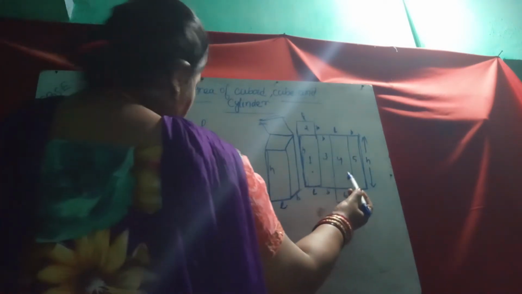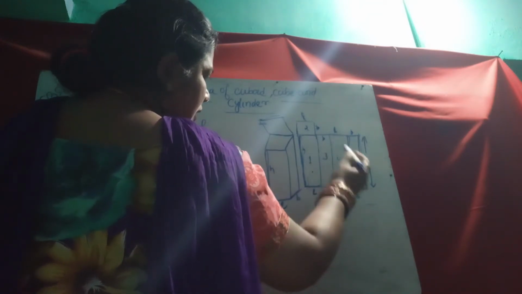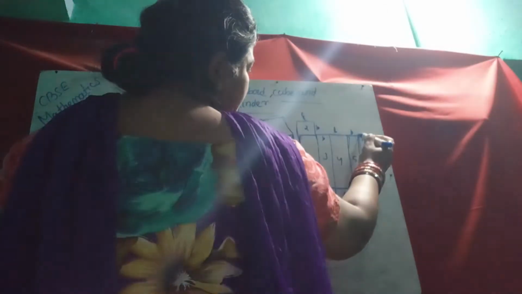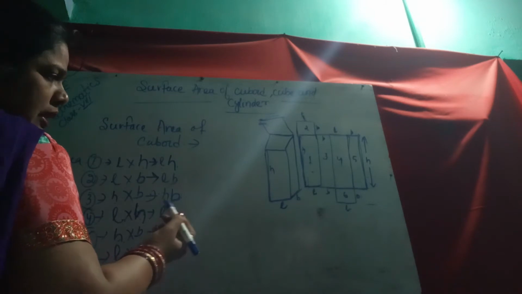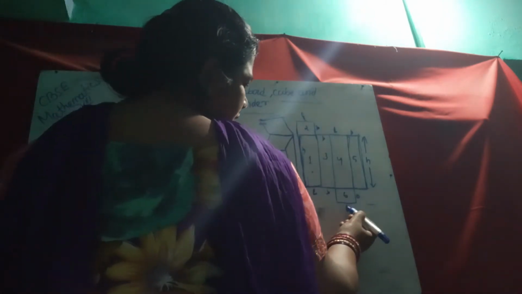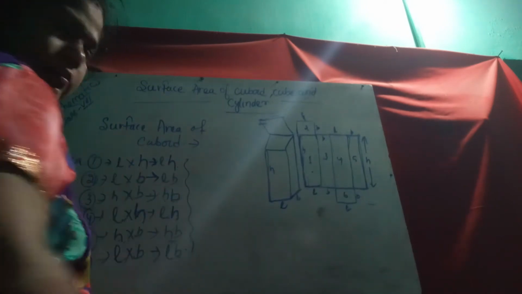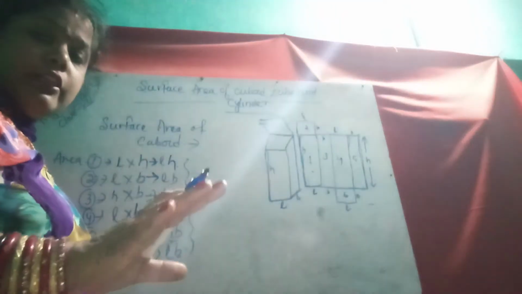Then number 4, this is L, this is H, so L into H. Number 5, this is B, this is H, that is B into H. Then number 6 figure, again L into B.